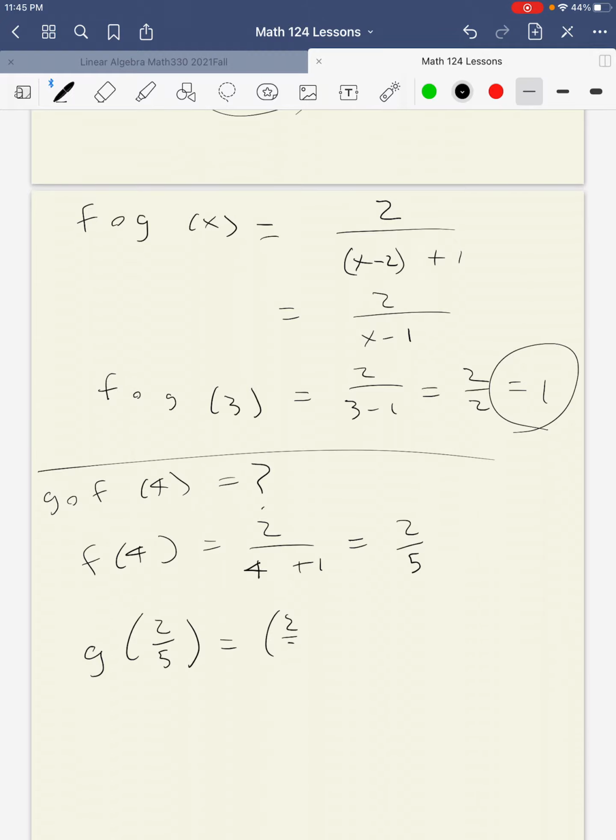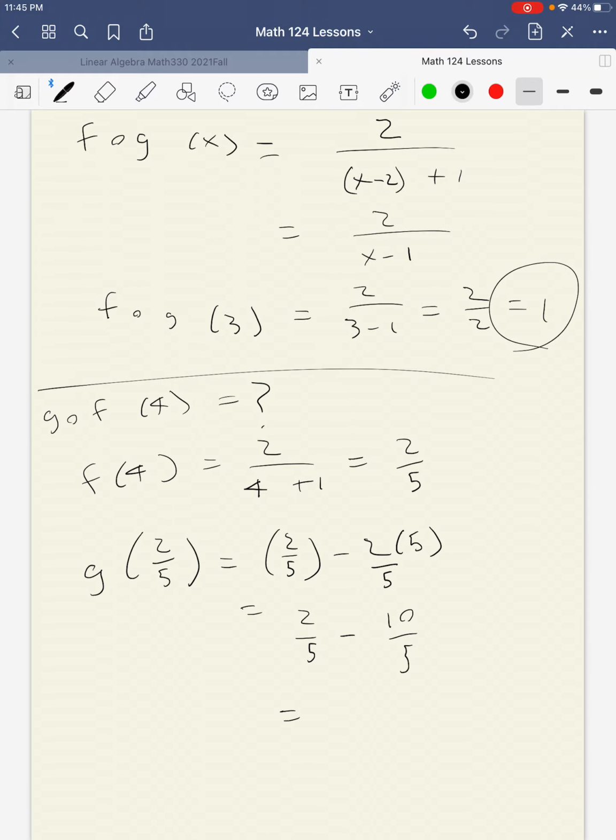And that would just be 2 over 5 minus 2. So if we multiply 5 to the top and bottom of the number 2, we get 10 over 5. So now combining these two fractions, we have negative 8 over 5.